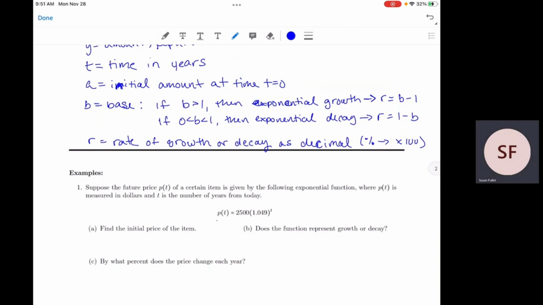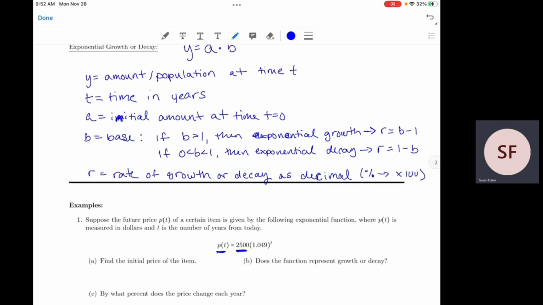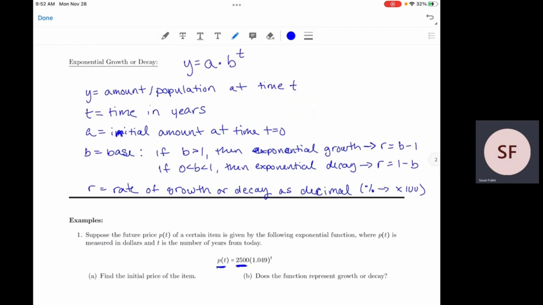So P of t, this is the price. 2500 is going to be our A value. That's our starting value. Our B value, our base, is 1.049. And then it's all to the T power.